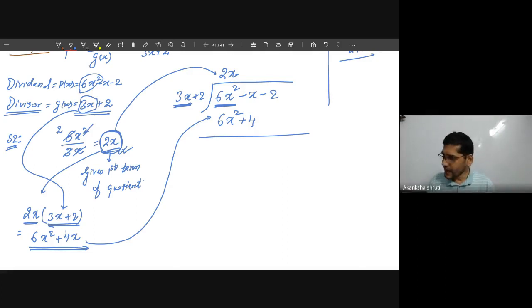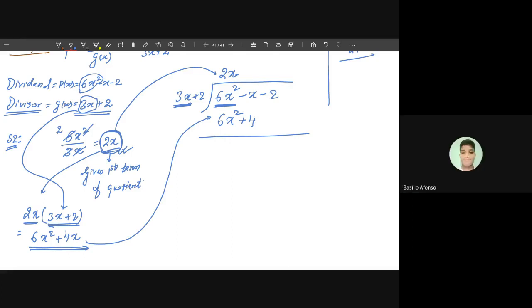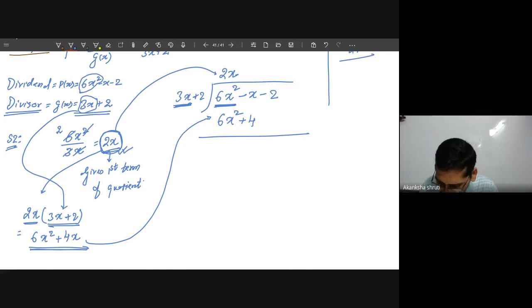Now the important thing is that whatever the powers are, students, while writing you have to take slight care. See here, the x square term, so you have to write below the x square term. Another one is this 4x, which you have to write below the x. That is why I have written it just below x square and below this x.